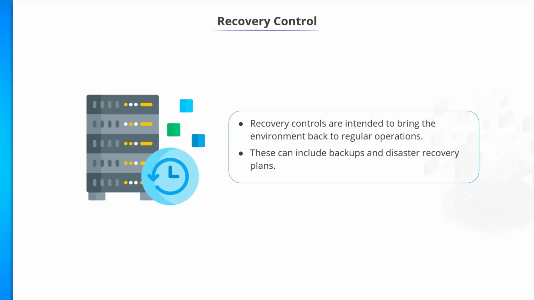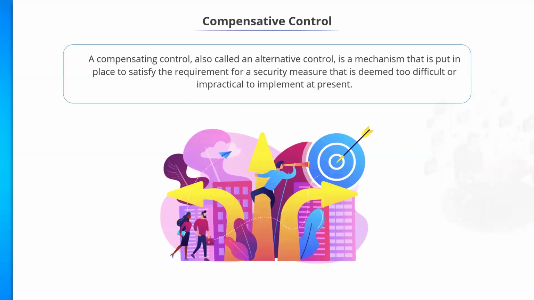There's another one which we call compensatory control. A compensatory control is used when your primary control is difficult to implement or not functioning properly. Let's take an example.